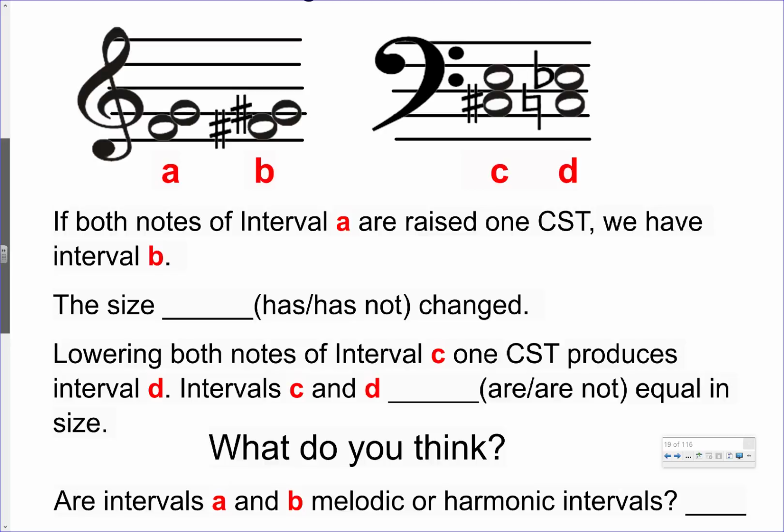Interval A, we'll call it, and interval B. If both notes of interval A, which is F and G, are raised 1 chromatic semitone, we have interval B. So here we're going from an F up 1 CST to an F sharp, and G up 1 CST to a G sharp. So the size has or has not changed? Well, hopefully you said has not.